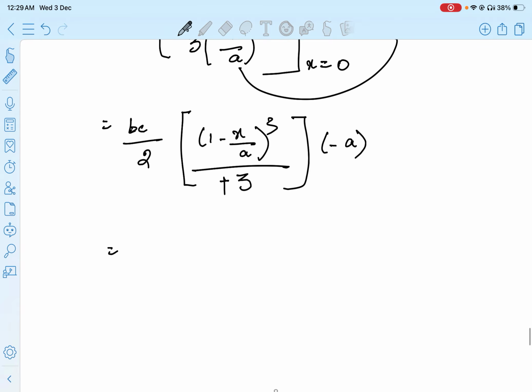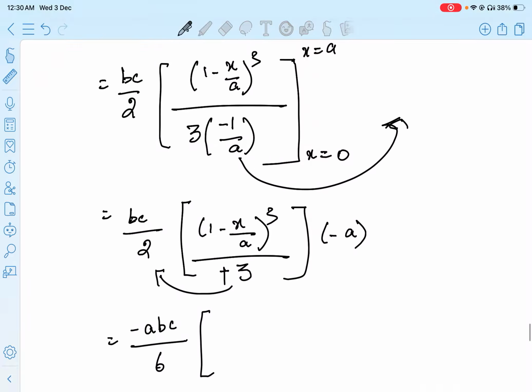So minus abc by 3 and this 2 will become 6. So it will be easy, so that we are taking the denominator and numerator, all the unwanted terms. Here we don't have any x, and anyway we are not going to substitute any x, so I have taken this outside. Here only we have x, so I am keeping that.